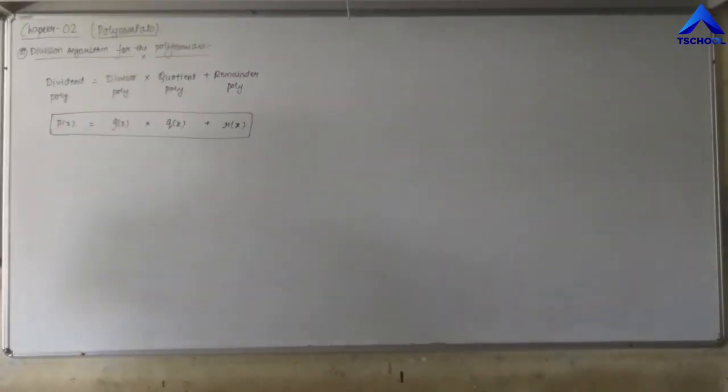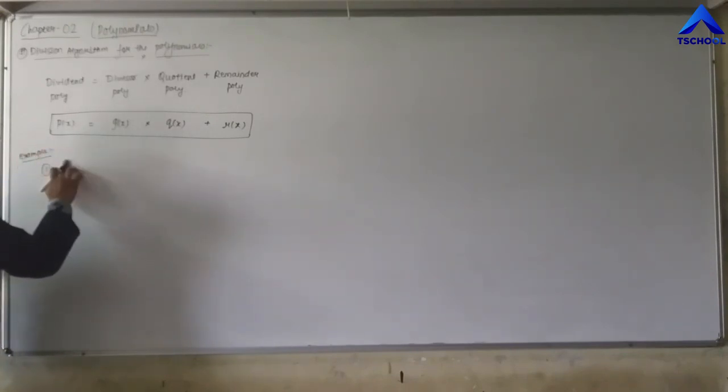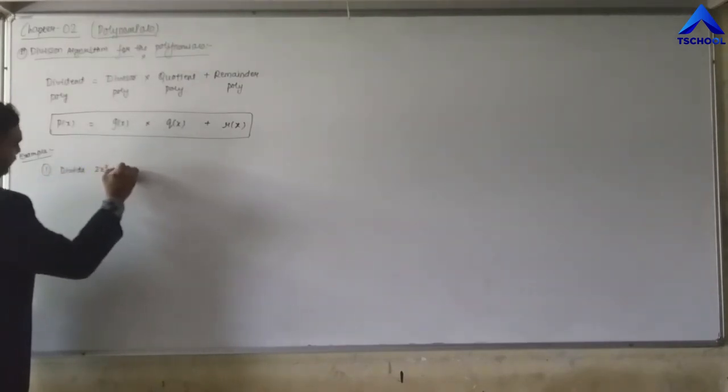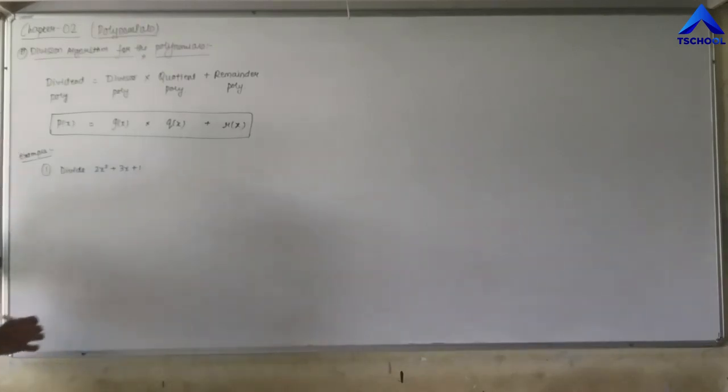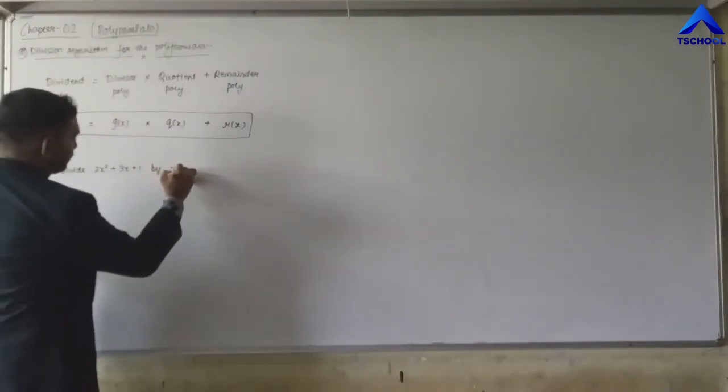Right? Now let us see. For example, if I am having two polynomials, divide 2x square plus 3x plus 1 by x plus 1.